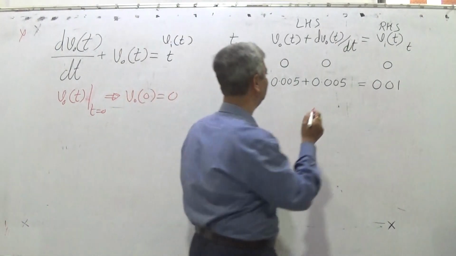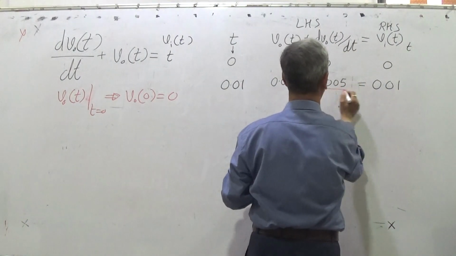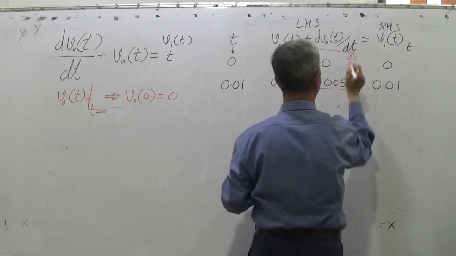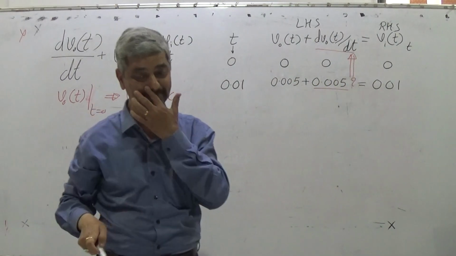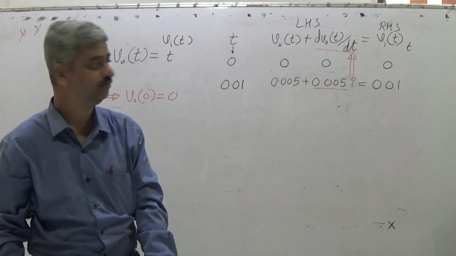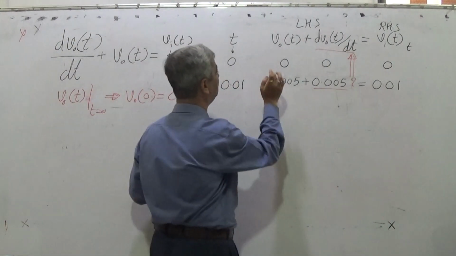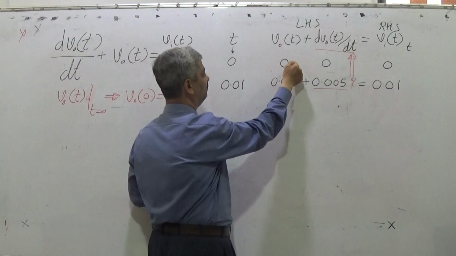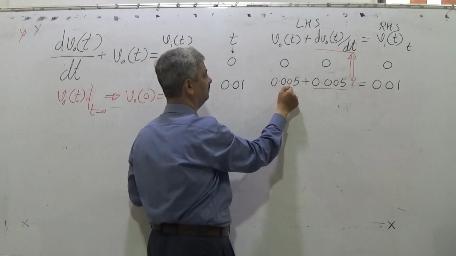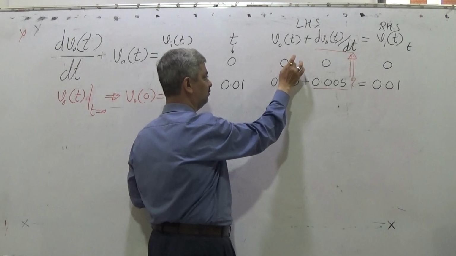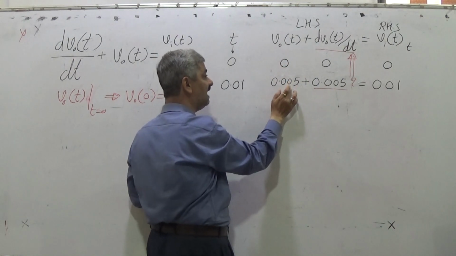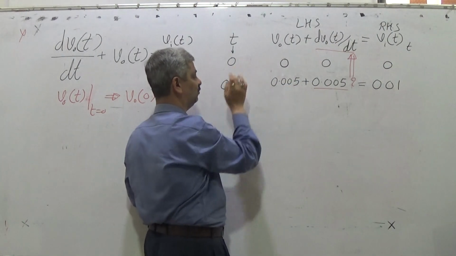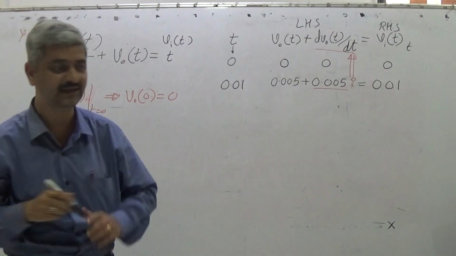Now whether this particular value is equal to this is to be ascertained. And how can we ascertain it? What was VOT before, in the previous instant? 0. What is it now? 0.005. In how much time? In 0.01 time.